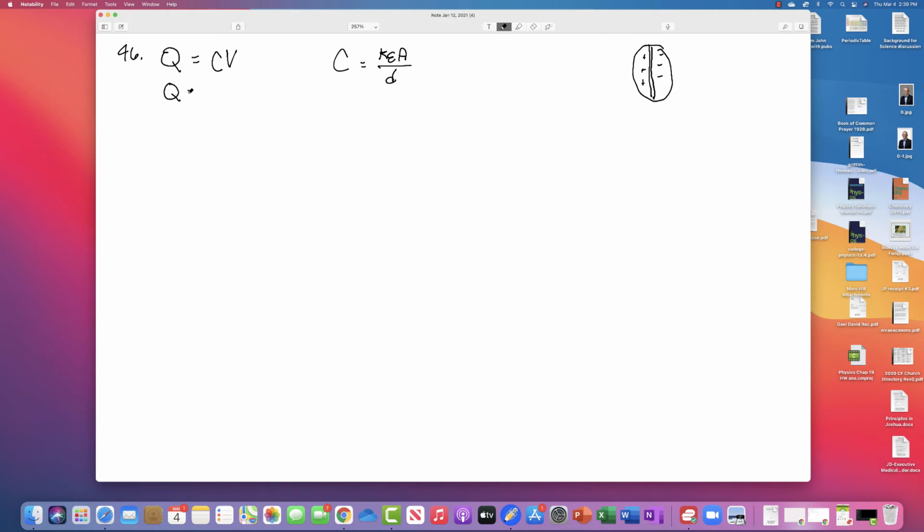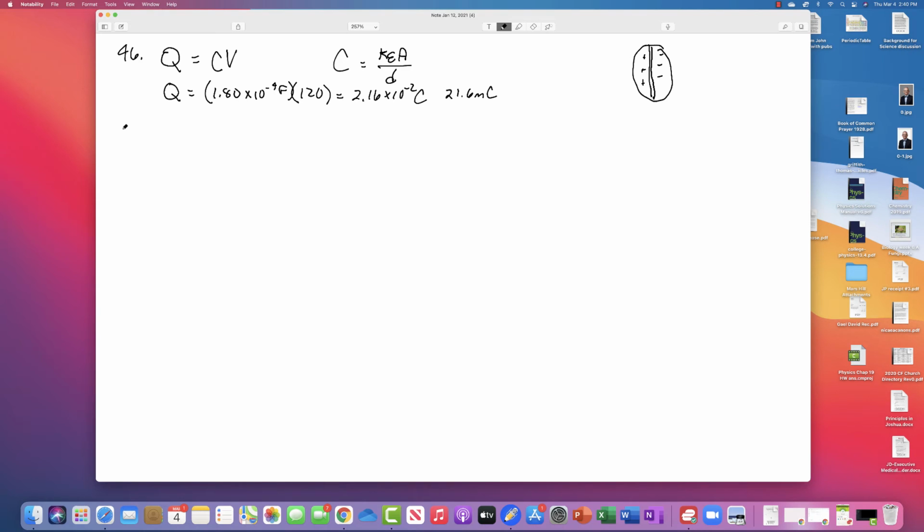The charge is going to be, it's 180 microfarads, which is 1.8 times 10 to the minus 4 farads, times the voltage of 120 volts. And so if you do that math, you get 2.16 times 10 to the minus 2 coulombs. So there are that many electrons, the equivalent of that charge on that capacitor, or 21.6 millicoulombs.